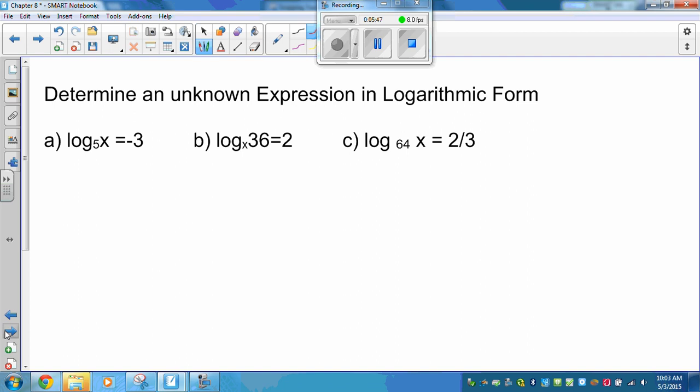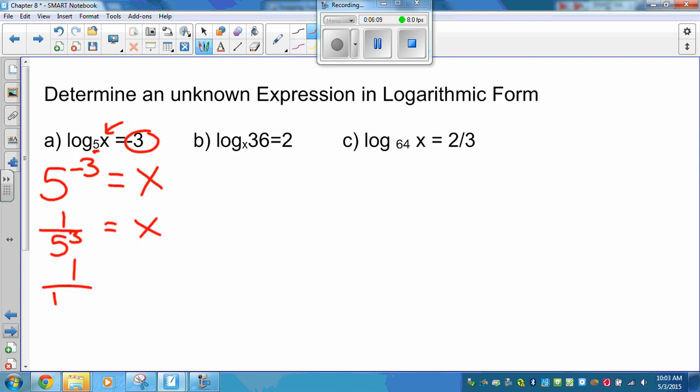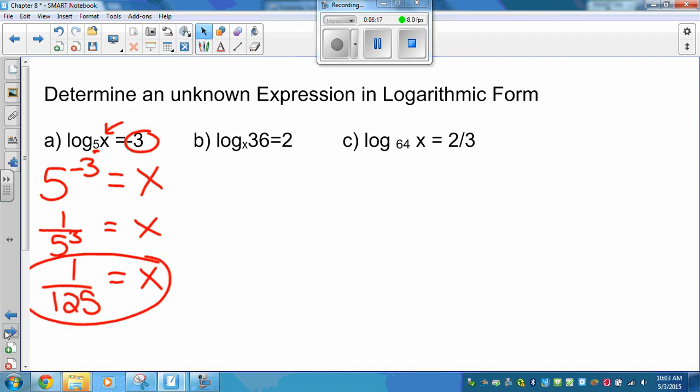In other words, it's saying 5 to the -3 equals x, because we have our base to our exponent. This is like 1 over 5 cubed equals x. 1/125th equals x. So that's my answer for A.